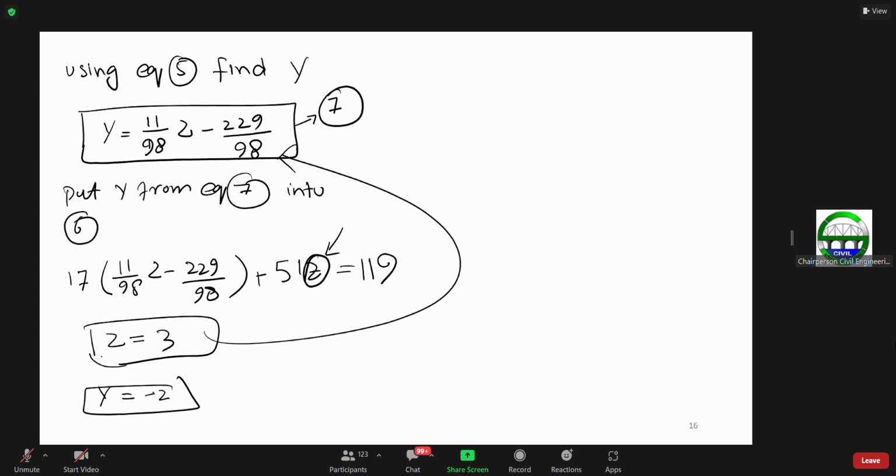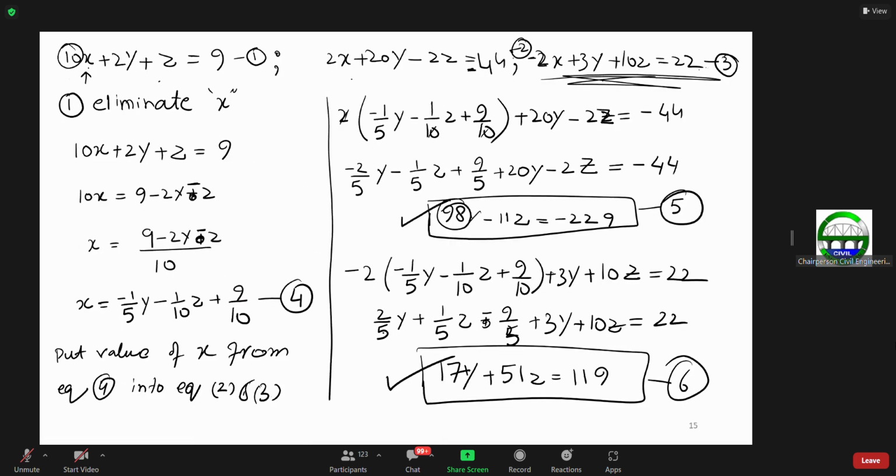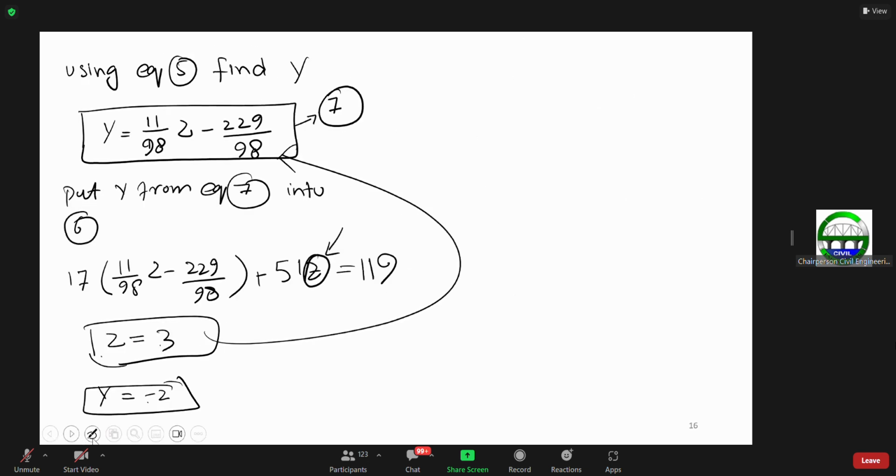So now you have y equal to minus 2 and z equal to 3. Put these values in either equation number 1, 2, or 3. You will get the value of x, which will be equal to 1.